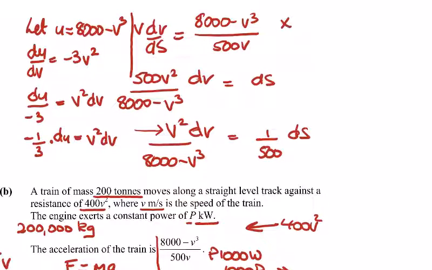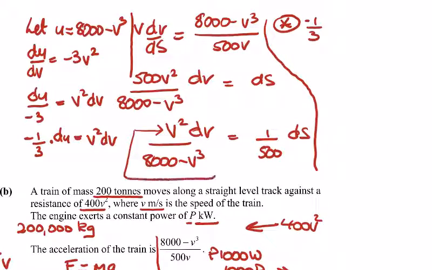So coming up over here, we now have minus 1 over 3 du, and then we bring in the 1 over 8,000 minus V cubed, which is 1 over u.